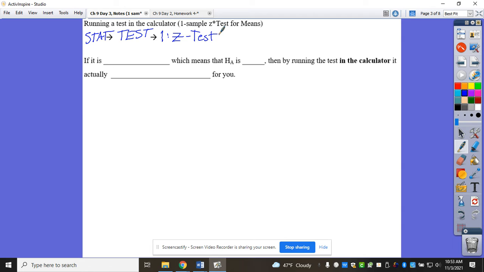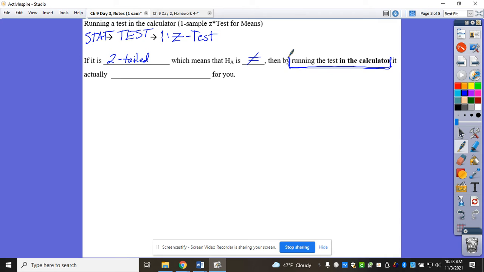So if I use that method, again, if it is two-tailed, which means it is not equal to, but I am running the full test in my calculator, then what are we doing on the test?